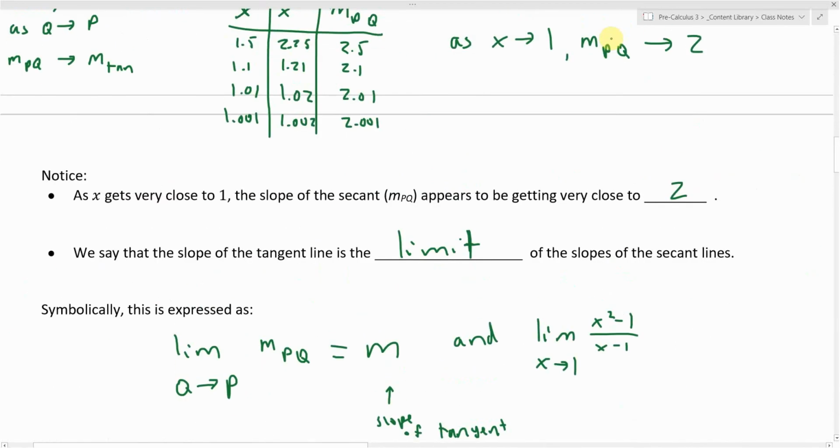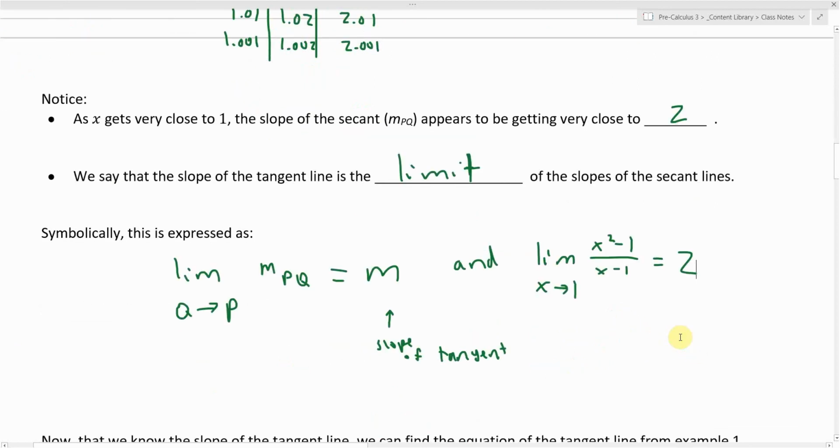So the limit as x goes toward 1 of x squared minus 1 over x minus 1 equals 2. And therefore now we're able to make a conclusion here that if the slope of the secant line is getting closer and closer to 2, we're going to go ahead and conclude that the slope of the tangent line is in fact 2.